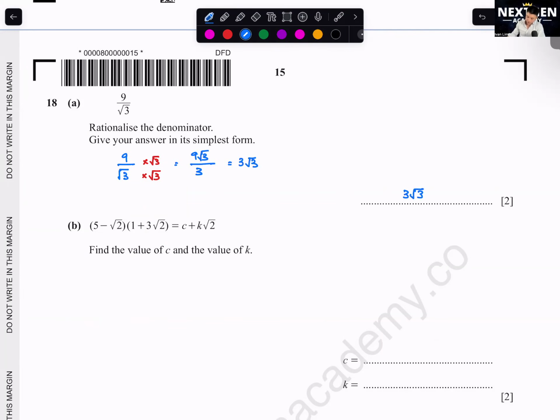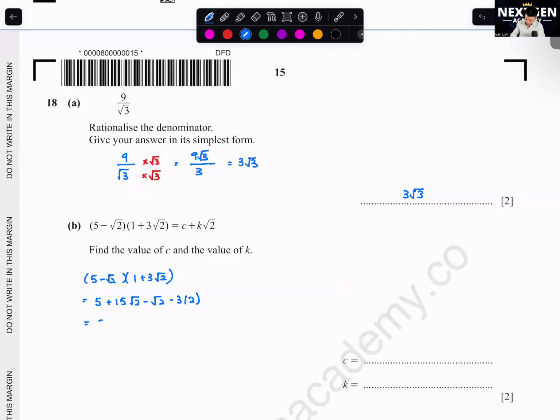Okay, find the value of c and k. This one we have to open up the bracket. 1 plus 3 root 2. This will be 5 plus 15 root 2 minus root 2 minus 3 times 2. Root 2 times root 2 is equal to 2.